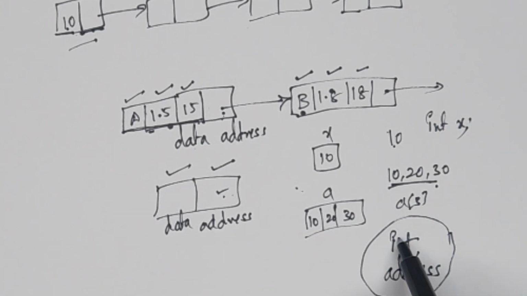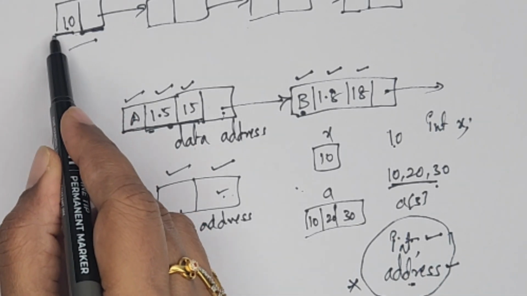If these two were integers, or these two were floats, I could declare one array. But these two are different values. The integer is different, and an address means we have to declare a pointer variable. So these two are not homogeneous elements, they are heterogeneous elements, different types of elements. But under a single name I want to allocate the memory. This is completely one node.